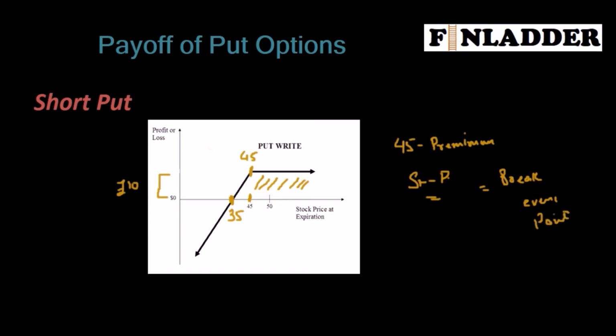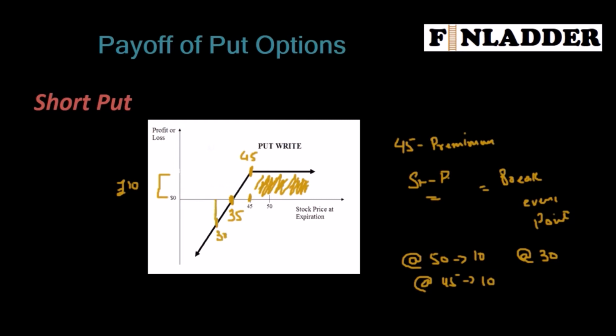Now in a scenario where the price is 50, we will be getting only this premium, which is 10 rupees. At 45 also we will be getting the same premium, the 10 rupees. At, let's suppose, 30, which is somewhere here, we will start making a loss.